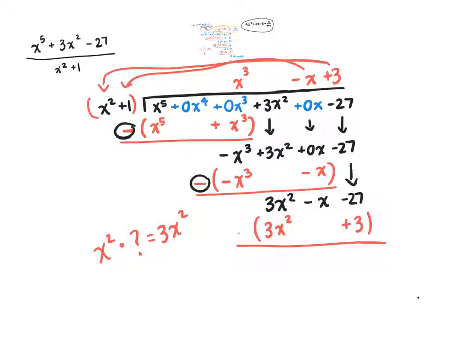We're going to subtract that. 3x squared minus 3x squared is 0. Negative x minus nothing is negative x. Negative 27 minus 3 is negative 30. Okay. And because x squared cannot go into negative x, this is our remainder.